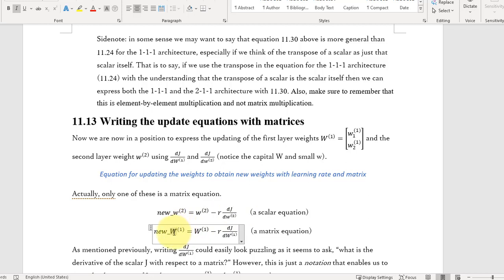But this one is a matrix equation, and this is how to update W1. We subtract r times this, which is, remember, a matrix. So we just take the original weights, there are 2 of them, and we subtract the appropriate dj, dw's from them, with the multiple of r in there as well.